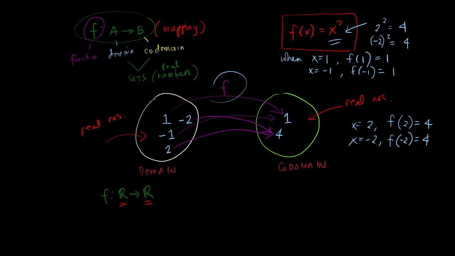Take note that we can substitute any real number for x in this given function. And again, what's in the domain? Real numbers. What's in the codomain? Real numbers. So there are infinitely many numbers inside the domain and the codomain.